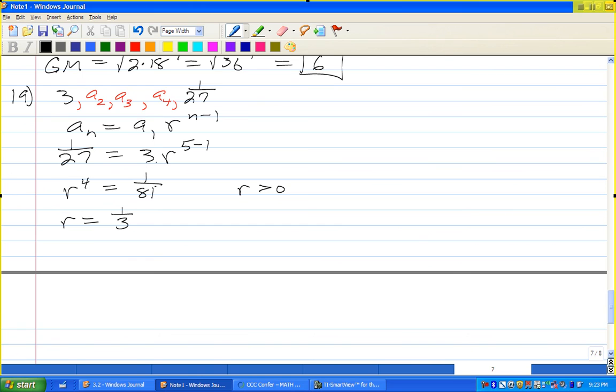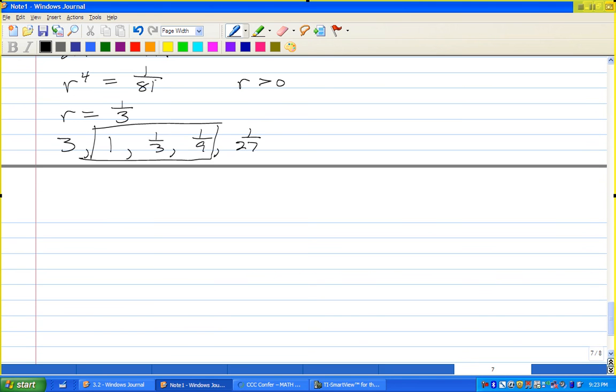Okay. And so the sequence is 3 times 1/3 times 1/3 times 1/3 times 1/3. And so the 3 geometric means have been inserted between 3 and 1 over 27.